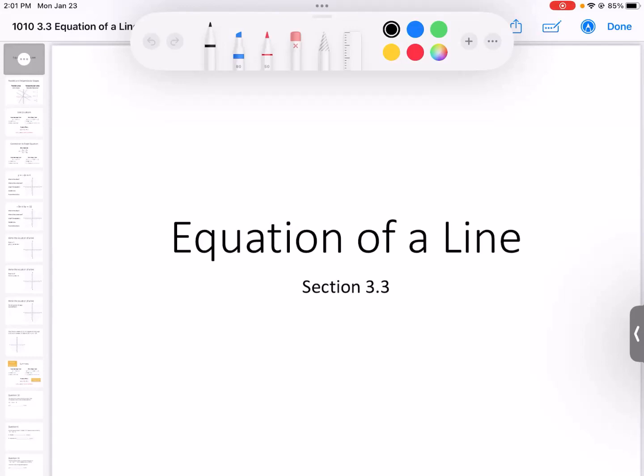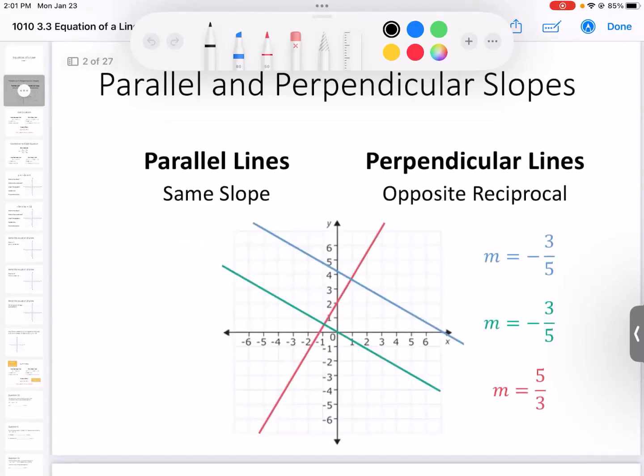equation of a line. As a reminder from Friday's class, parallel and perpendicular lines have relationships between their slopes. These two lines are parallel, the blue and green ones, and if you notice, their slopes are the same. They're both -3/5. And then the line that's perpendicular to it has the opposite reciprocal slope.